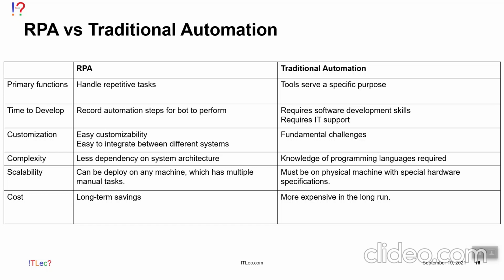Scalability: RPA can be deployed on any machine which has multiple manual tasks. Traditional automation must be on a physical machine with special hardware specifications. Actually, in this scalability, RPA can be deployed on a client machine. Usually, traditional automation needs specific hardware with specific security rules. In cost, RPA brings long-term savings, but traditional automation is more expensive in the long term.